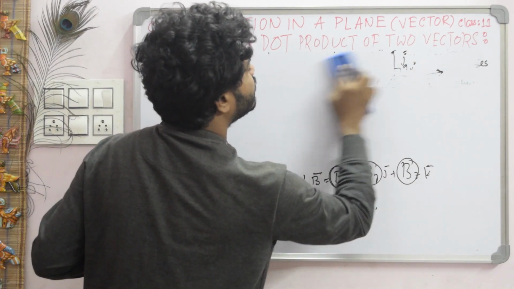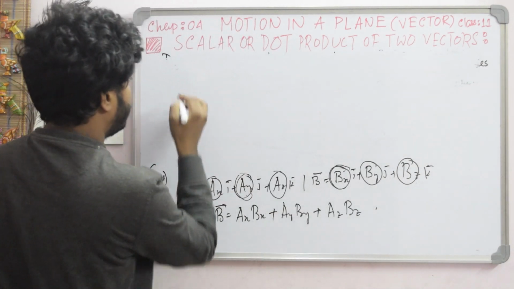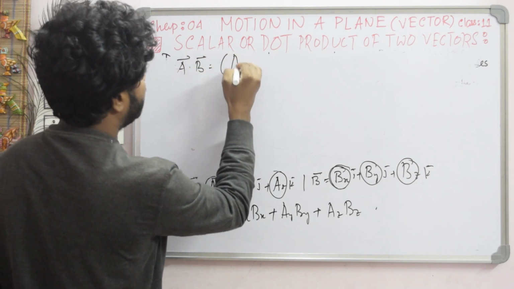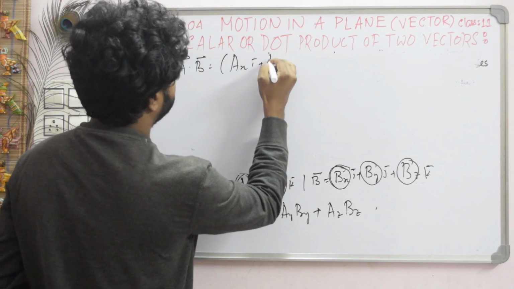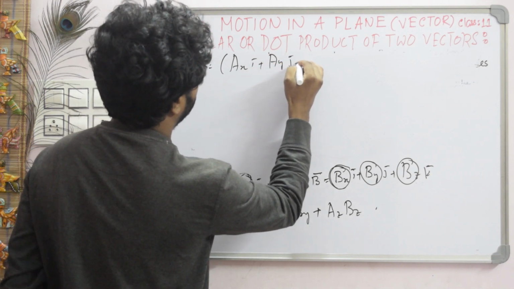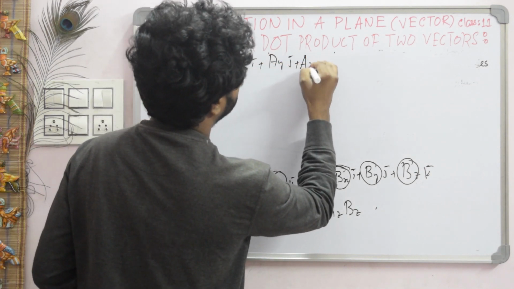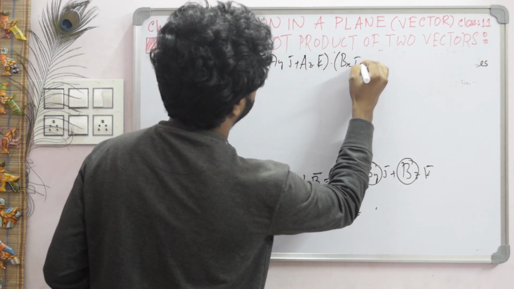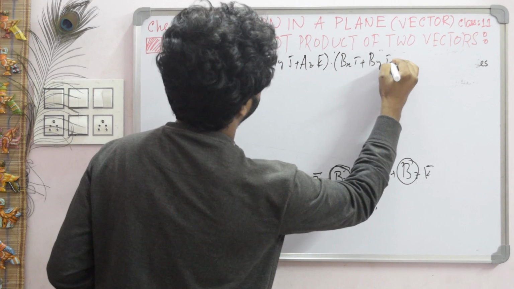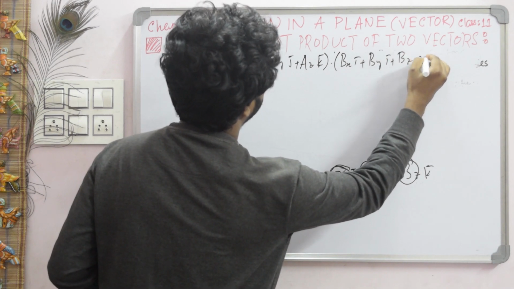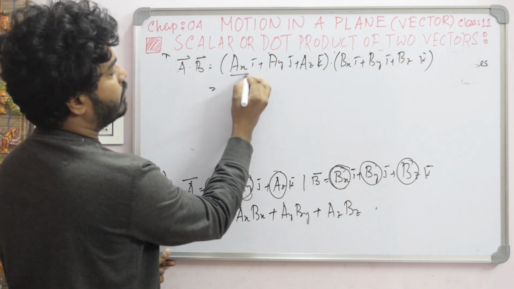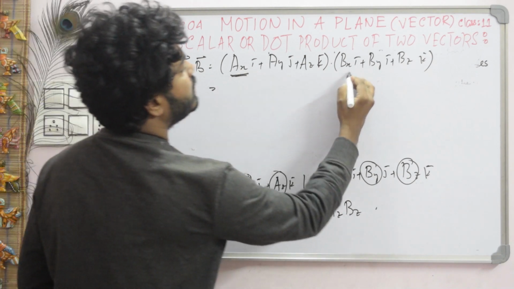So A vector dot B vector: write down A vector, that is ax i cap plus ay j cap plus az k cap, dot bx i cap plus by j cap plus bz k cap. Now multiply it. At first multiply ax i cap with these terms.